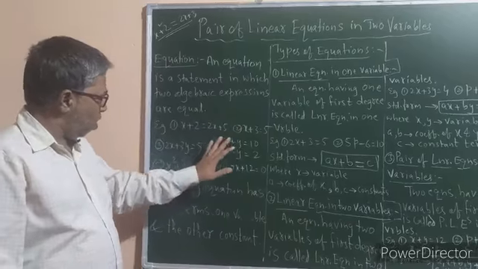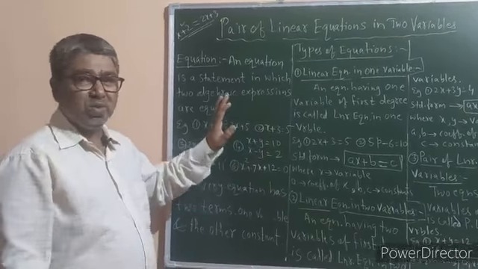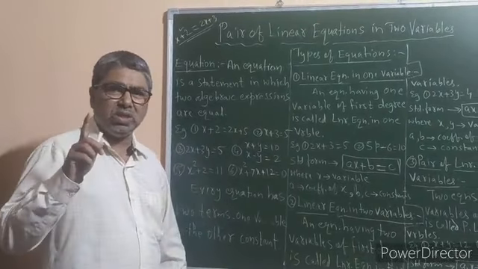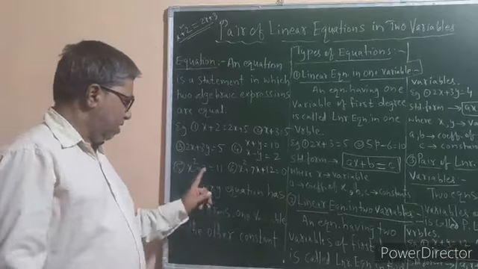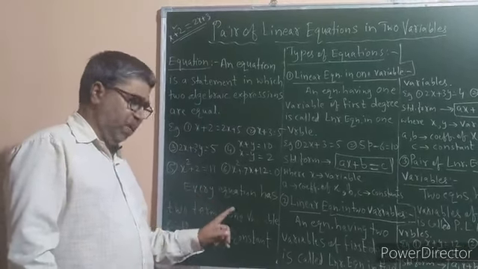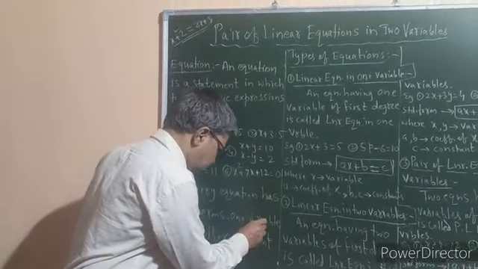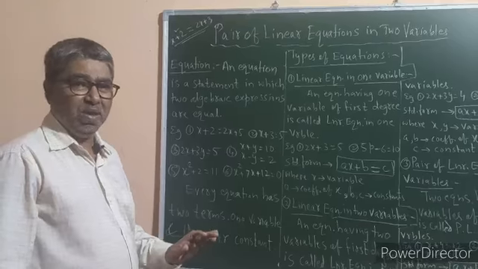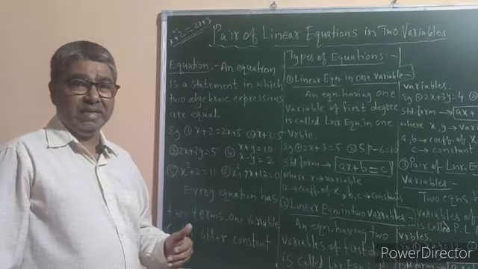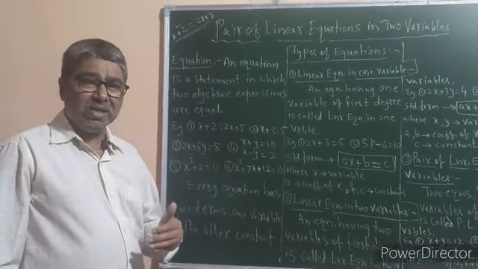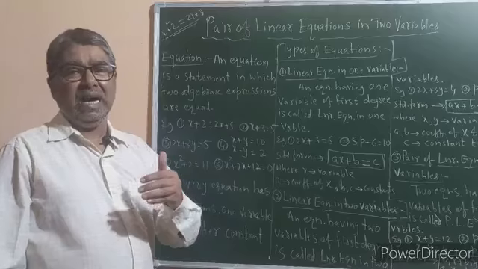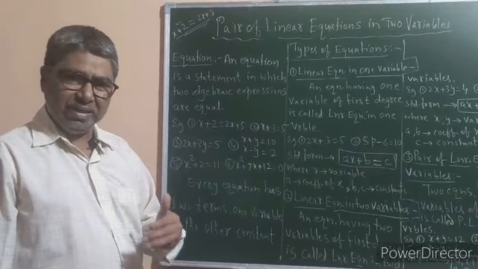Now these are a few of the examples of equations. Every equation has two types of terms. One is called variable, and the second one is called the constant term. Variable is given by any of the English alphabets, and constant term is given by a number or a digit.